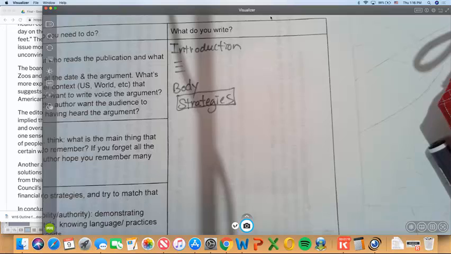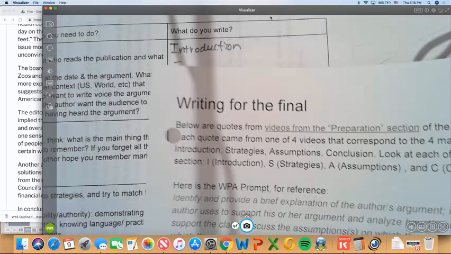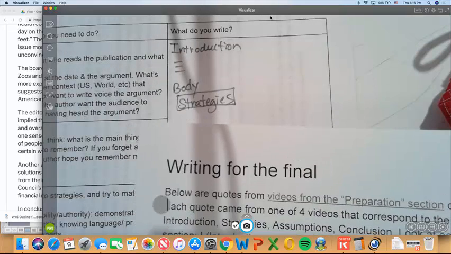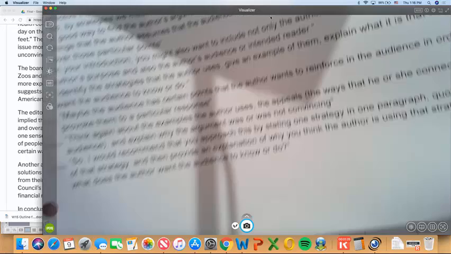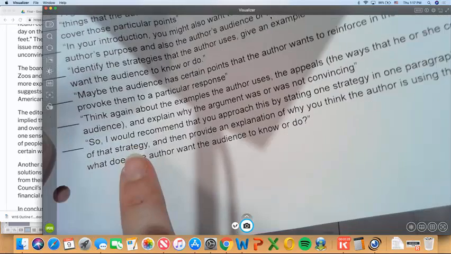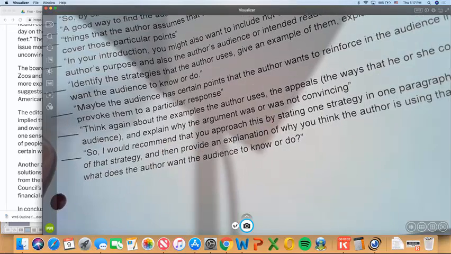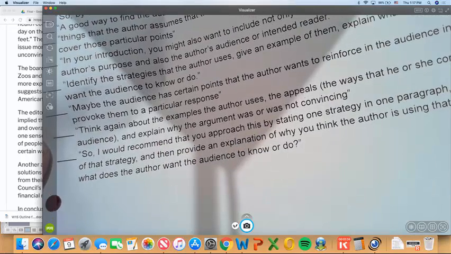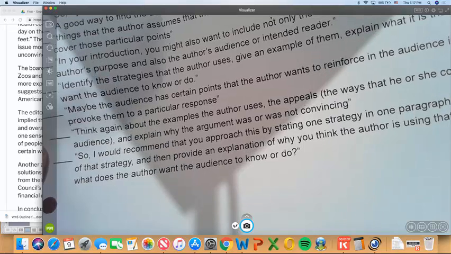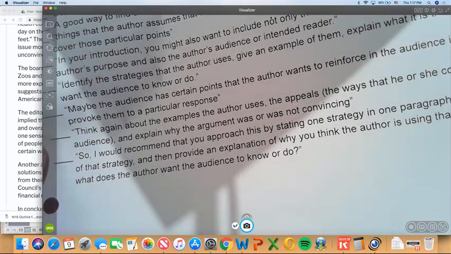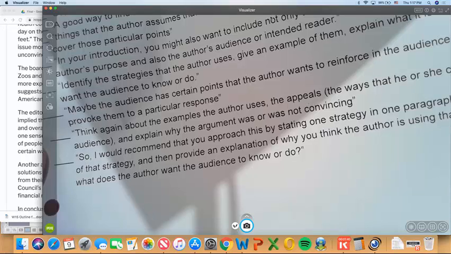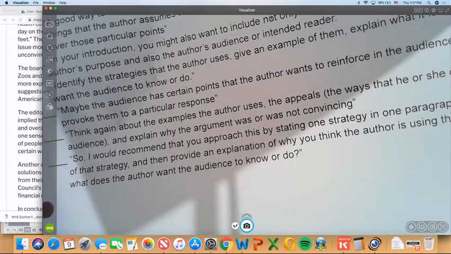Some of that is going to come from the handout that you did, where you are writing for the final. This bottom quote says, what I would recommend is that you approach this by stating one strategy in one paragraph, quote the use of that strategy, and then provide an explanation of why you think the author is using that strategy. Again, what does the author want the audience to know or do?